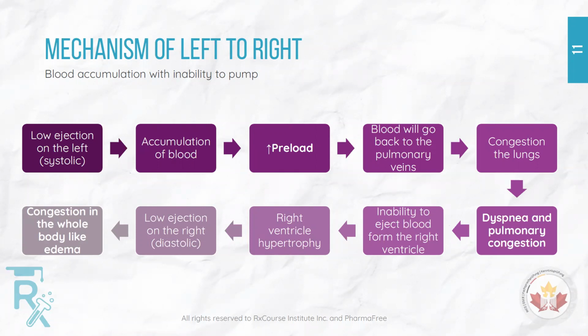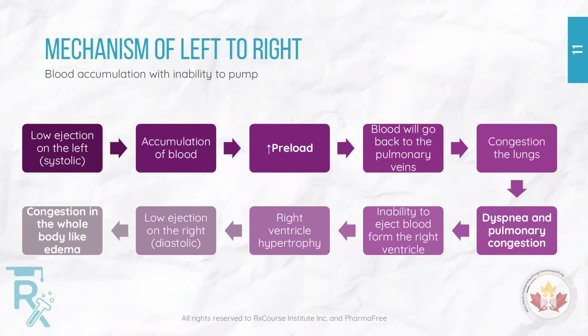If the preload is high in the heart, what will happen? Now, the blood that is coming from the pulmonary artery to the heart cannot enter the heart because the heart is already full with blood. So this blood will return back to the pulmonary. And this will lead to congestion of lung.